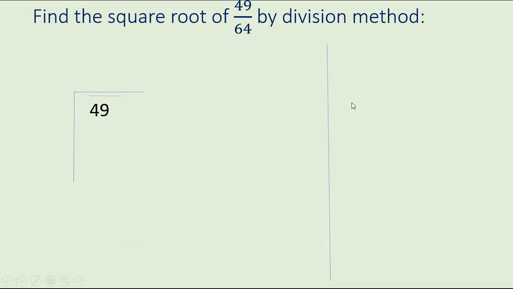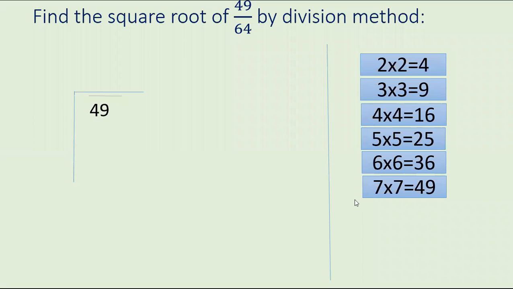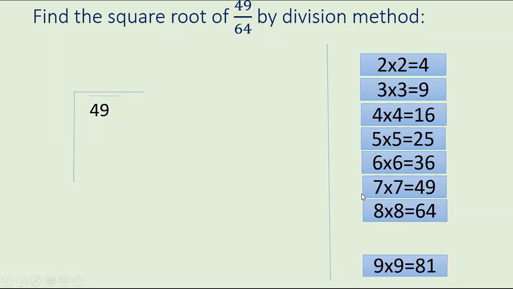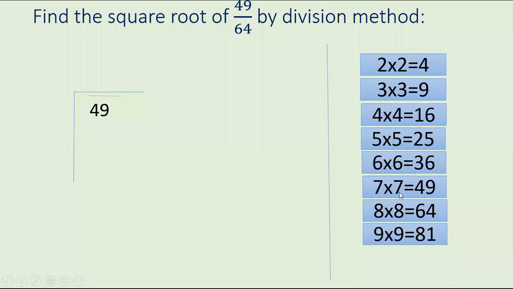So we know that 2 2s are 4, and 7 7s are 49. So here we can take 7 into 7 is 49. Remember the condition of square root, we have to take the same numbers.